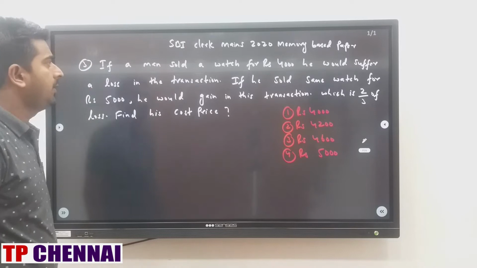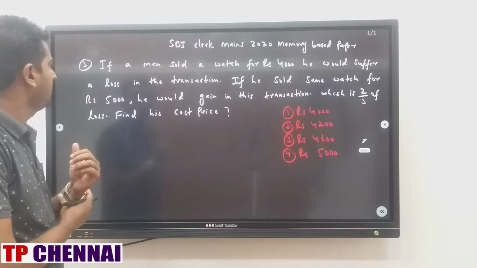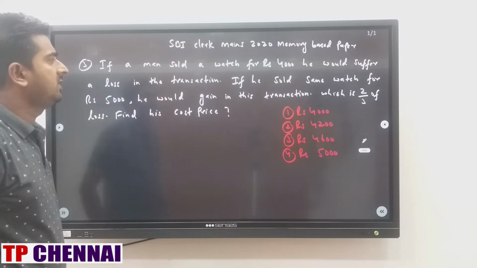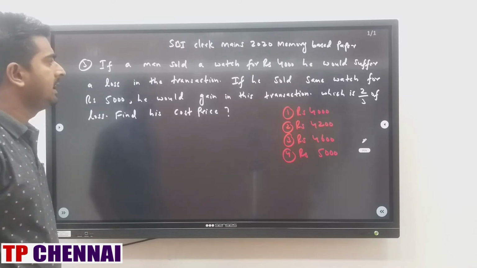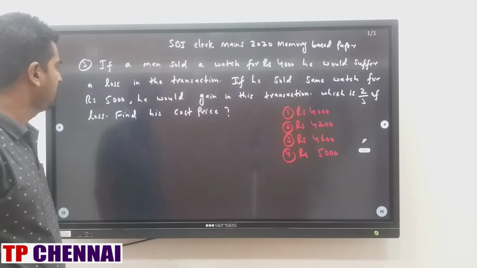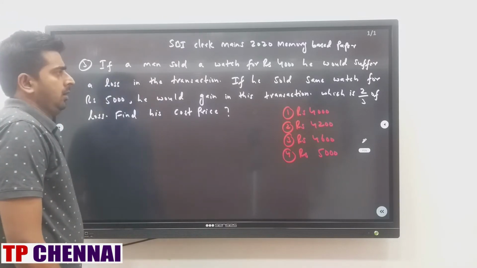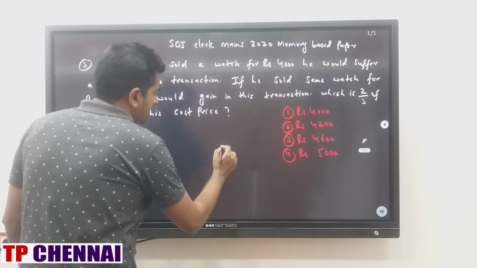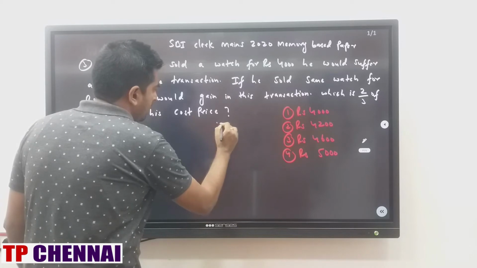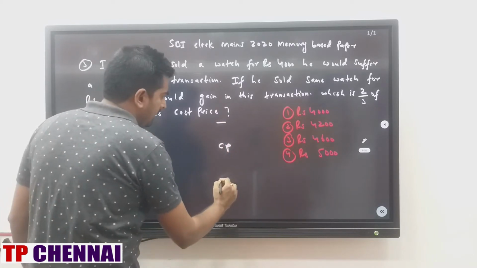If a man sold a watch for rupees 4,000, he would suffer a loss in the transaction. If he sold the same watch for rupees 5,000, he would gain in the transaction, which is 2 by 3 of the loss. Find his cost price. I am writing CP here. This is the profit case and this is the loss case.